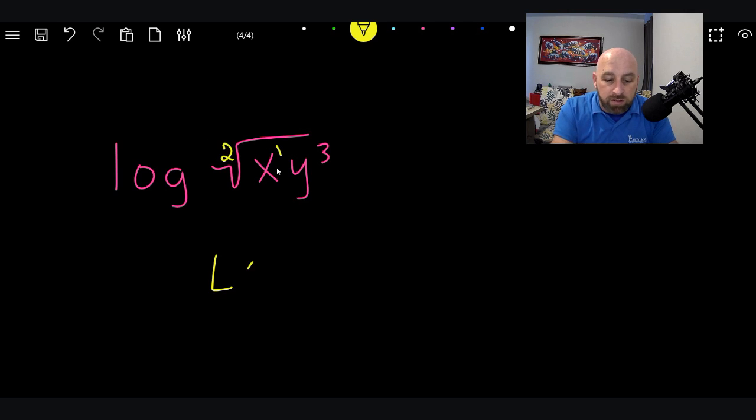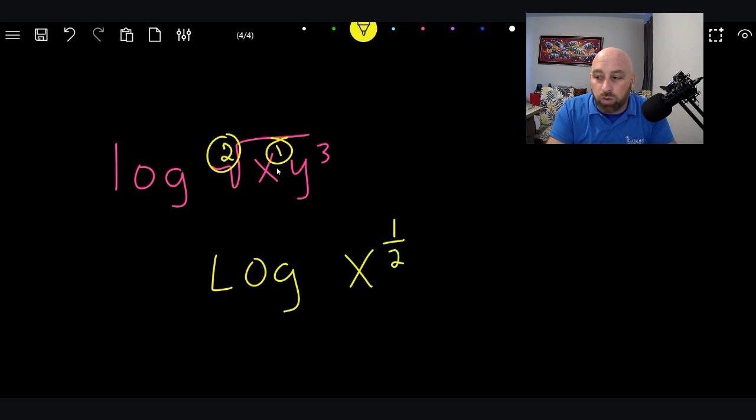So this is going to look like log of x to the what? And you got to remember which one goes where. This exponent stays the numerator and this is the denominator. The index is the denominator, so 1/2. And we're multiplying right here. That's a multiplication, so we change it to plus.